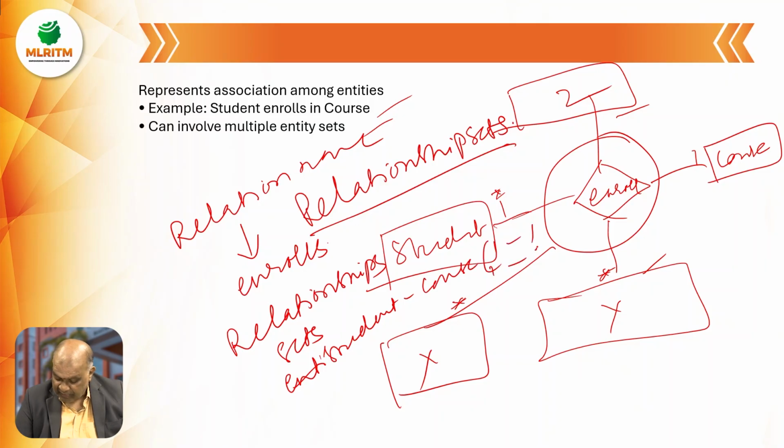One-to-one, one-to-many, many-to-one, many-to-many. Like that, the student maintains a relation with course in different ways. Student maintains the same relationship with x, so that can be one-to-one or one-to-many, or many-to-many. Like that, the same relation we can extend to different entities.